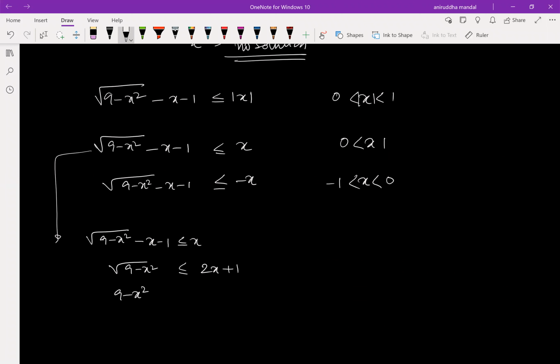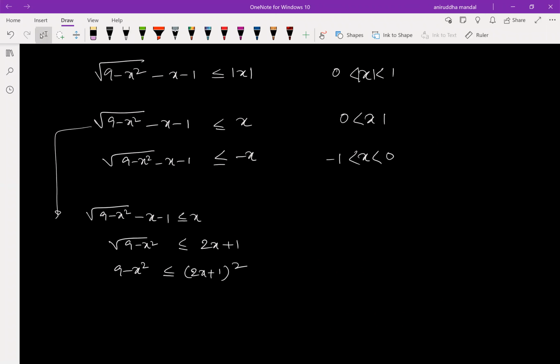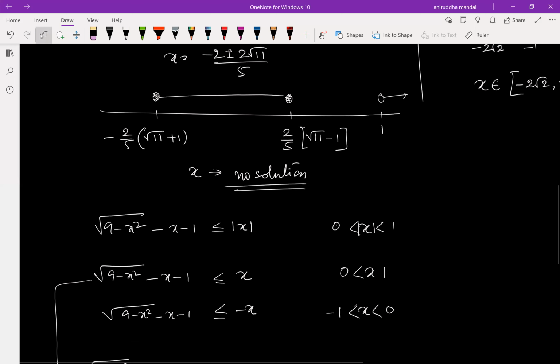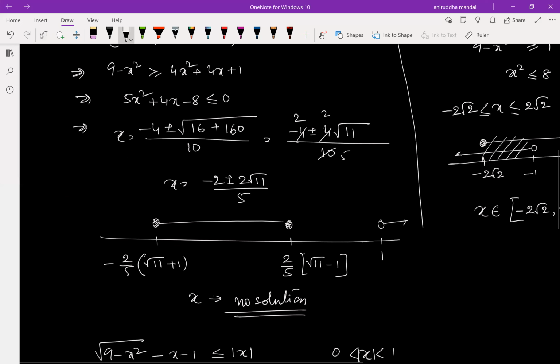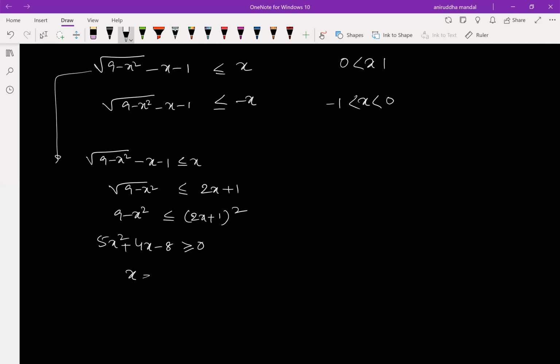If we again solve, we get the same expression as previous one, only the sign will change, so we can write this expression as 5x square plus 4x minus 8, and this is greater or equal to 0.